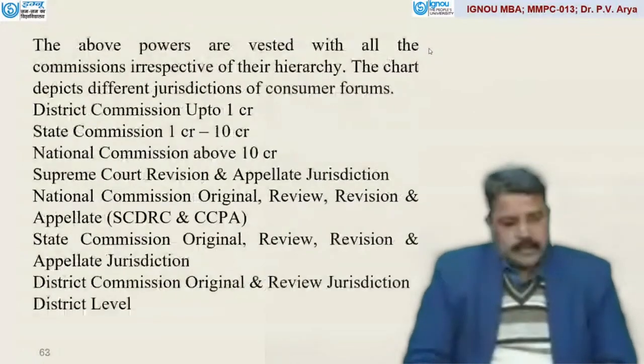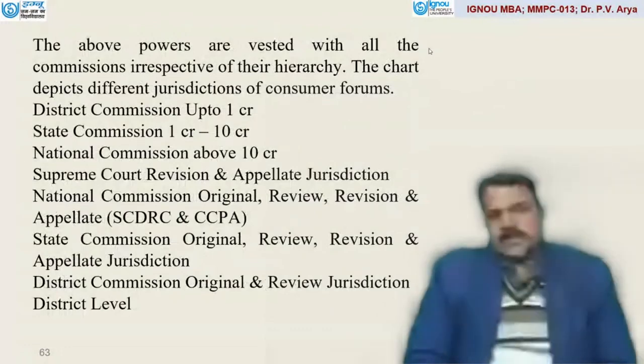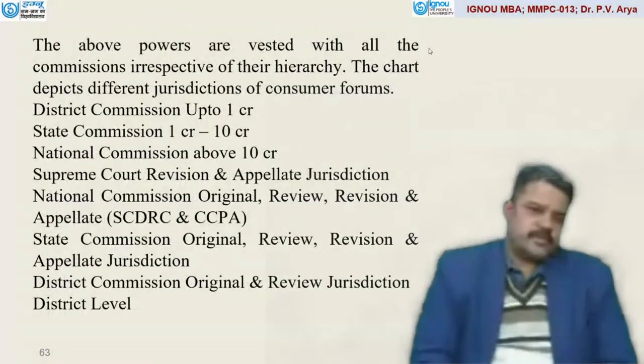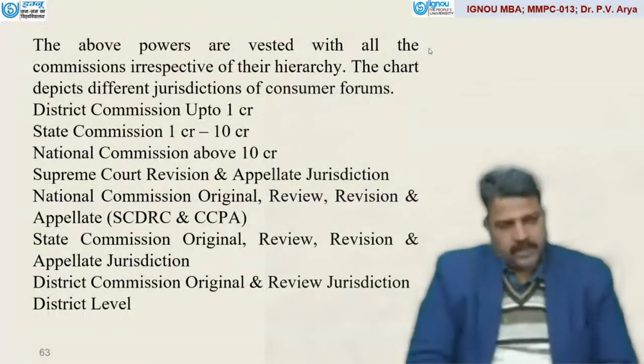There are a good number of specific powers vested upon all the commissions based on their vertical hierarchy. The District Commission has jurisdiction up to 1 crore, State Commission 1 crore to 10 crore, National Commission above 10 crore.